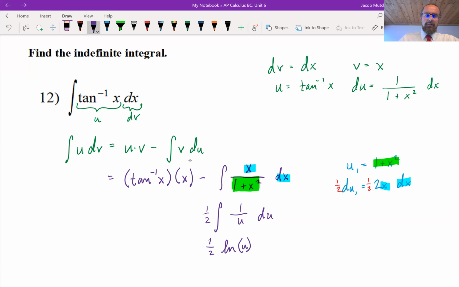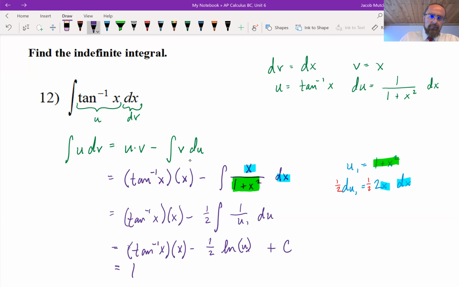Let's bring back our other parts. So I'll bring back the inverse tangent of x times x. And then let's resubstitute back in what we were calling u sub 1. We'll also put plus c.